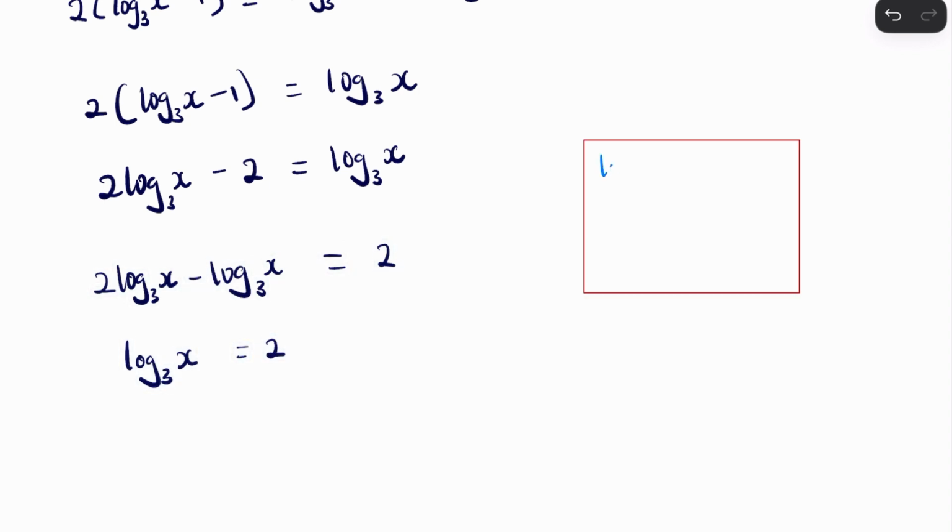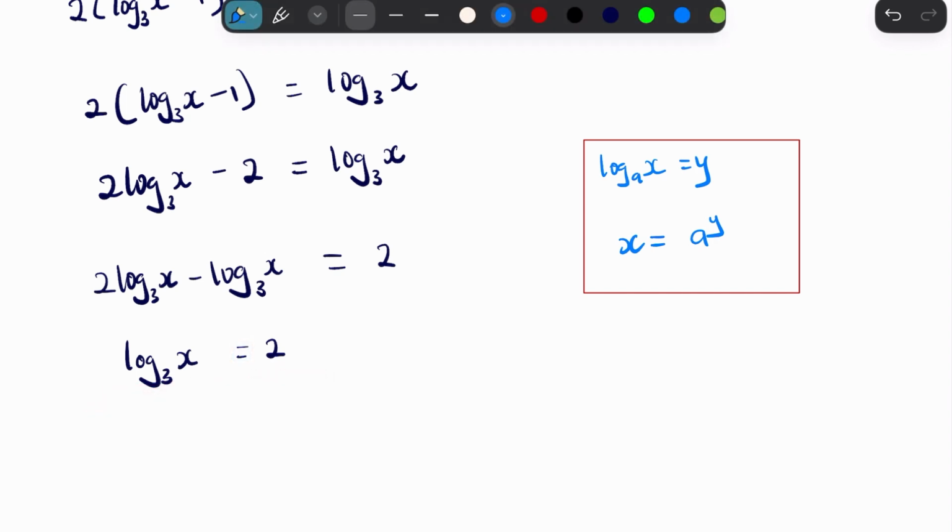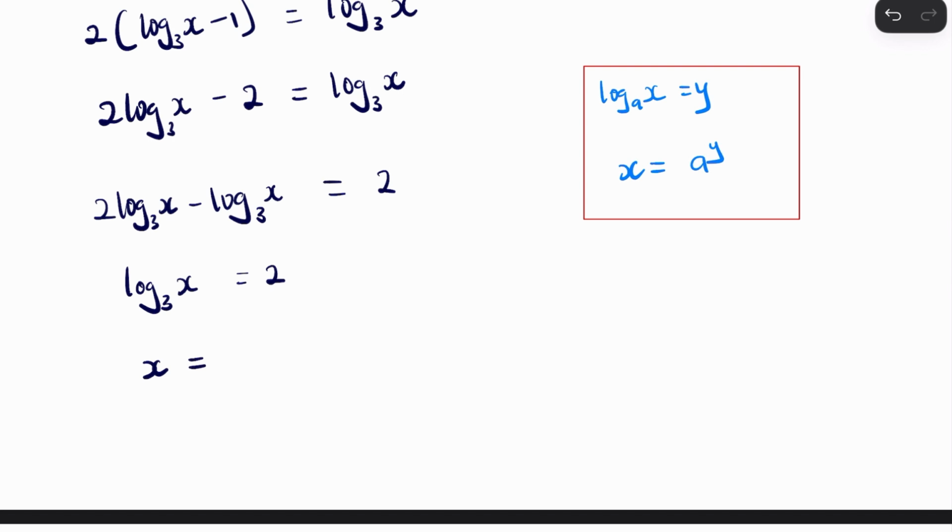Suppose you have log_a x = y. We can rewrite this exponentially as x = a^y. Likewise here, we have x = 3², that's x = 9. So we have the value of x equal to 9.